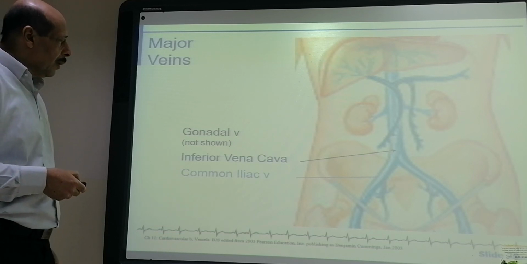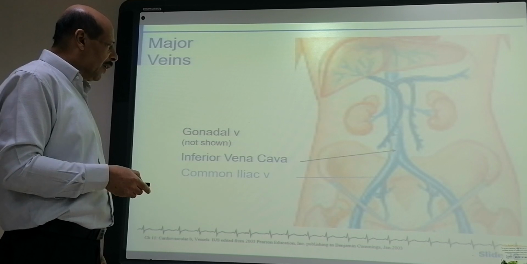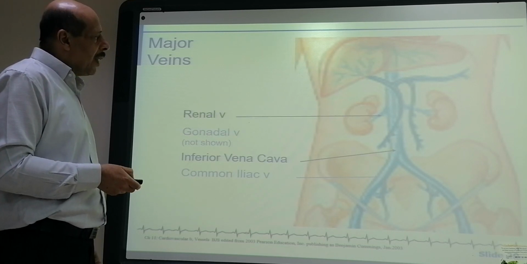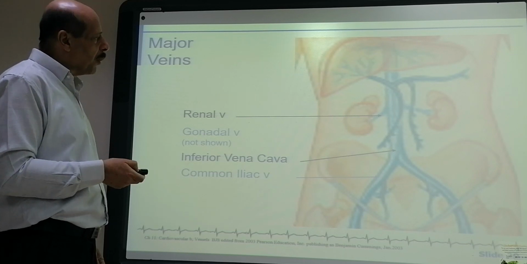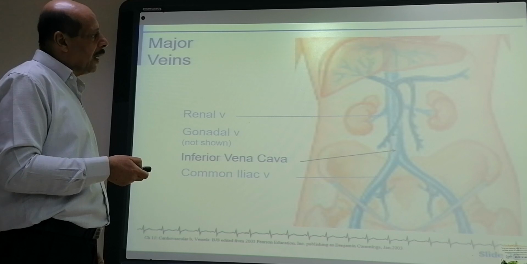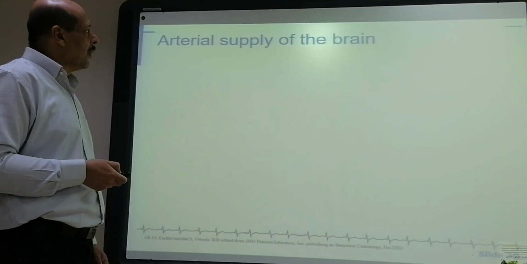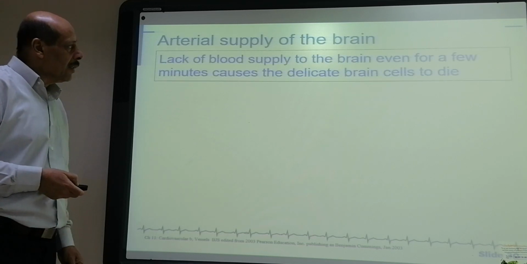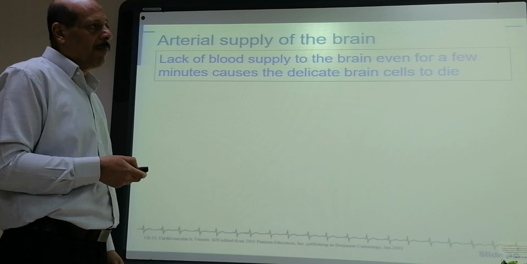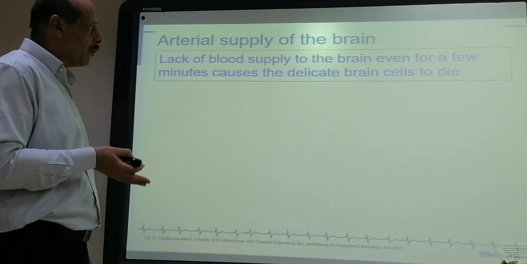There is also a gonadal vein which is not shown here, it's not apparent. The renal vein also will go directly to the vena cava. So those are the major veins and major venous return to the heart from the lower limb.